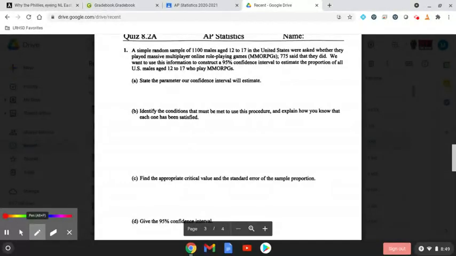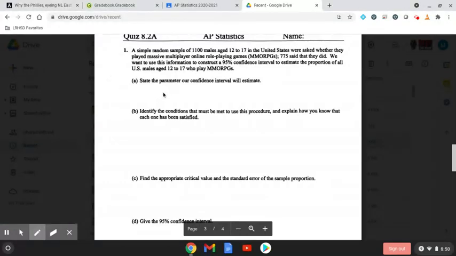We're asked to come up with a 95% confidence interval to allow us to estimate the true proportion of all U.S. males in this age group that play these games. So we have sample data to come up with that generalization about every U.S. male between ages 12 and 17.